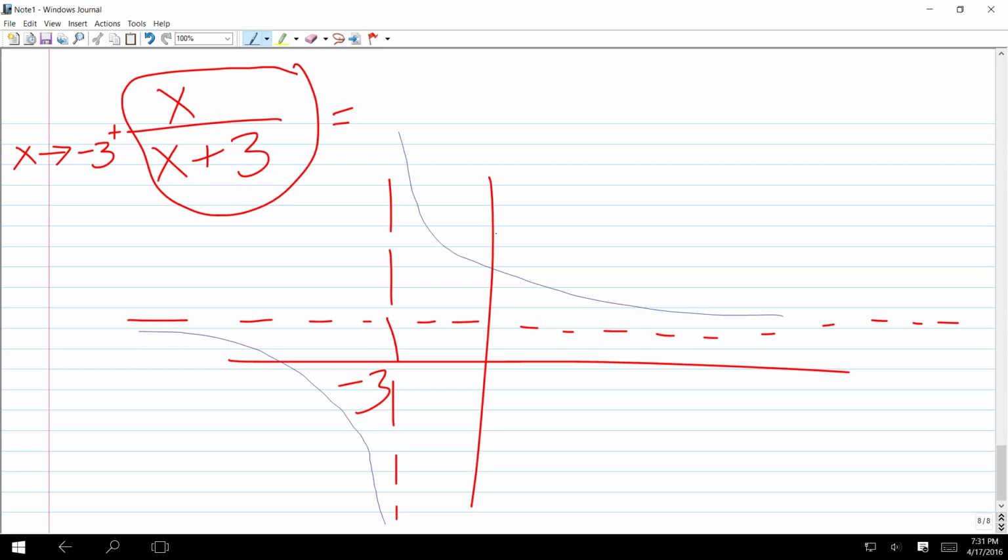If I want to know what this function is doing as I approach -3 from the right, I'm starting on the right, I'm approaching -3, you see? What's y going to? Positive infinity? Correct. Now, as I approach -3 from the left, what's y going to? Negative infinity. Correct.